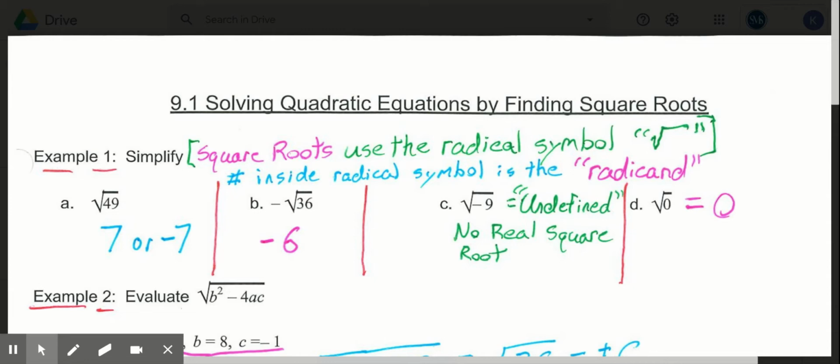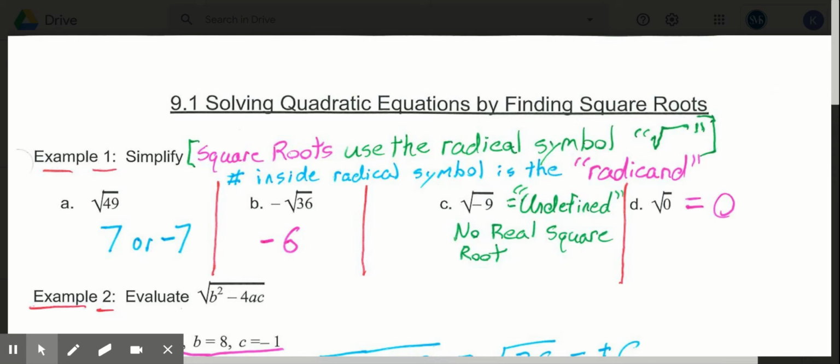In part C, if we have a negative in the radicand, your answer will always be undefined. No real square roots can be a negative value. So if there is ever a negative inside of our square root or radical, it is always undefined.